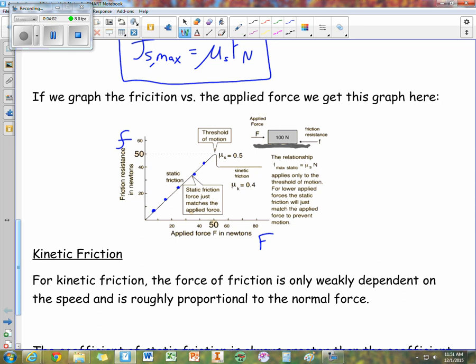It's a changing force. There is a breaking point. Up here at the peak of this graph, this is our maximum static friction. At this point, the object will break free and it'll begin to slide.